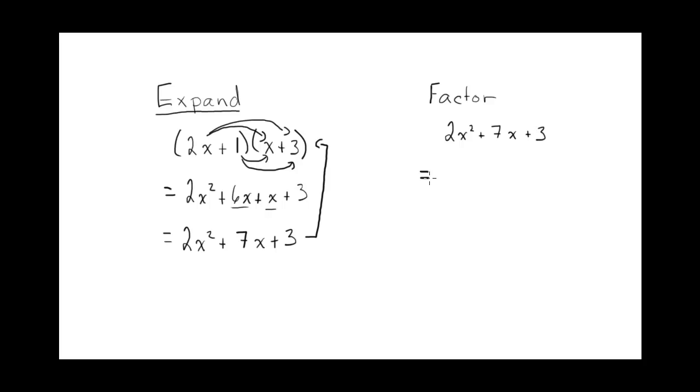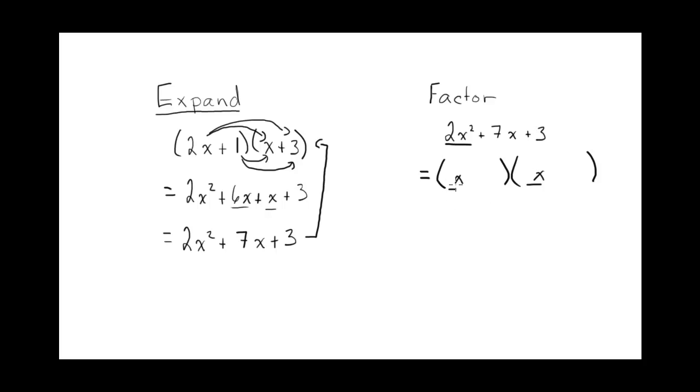So we know it's going to be 2 binomials. The first 2 terms, here and here, must multiply to give us this, 2x squared. So we know it's going to be x and x, but there's going to be something in front of it.